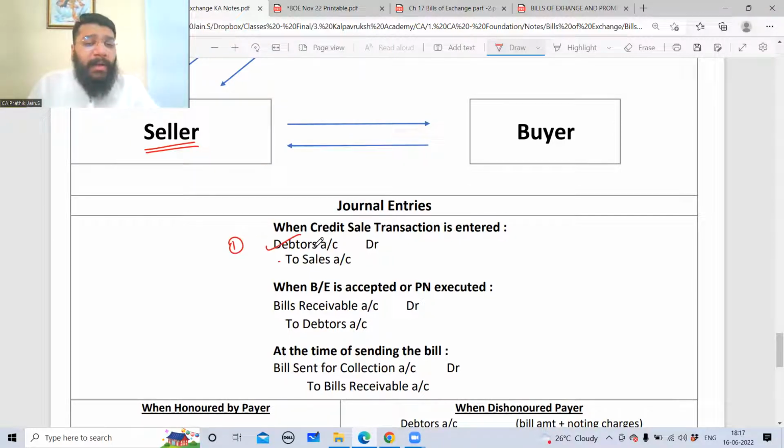So debtor account debit to sale. On the date of acceptance of bill or on the date of issue of promissory note, we will record the bill of exchange transaction where the debtor is closed by giving a credit, and in place of that, bills receivable is opened.